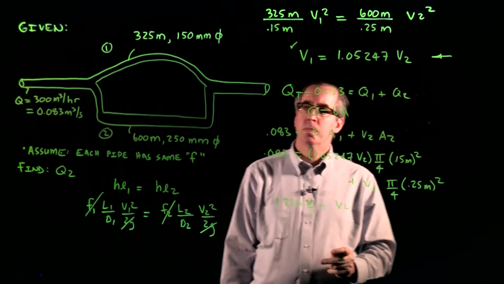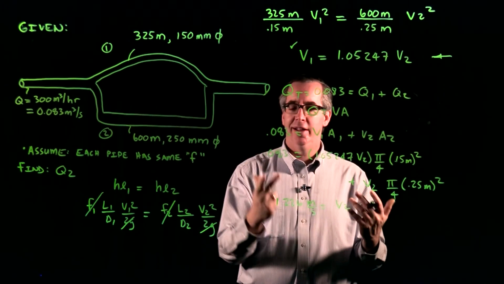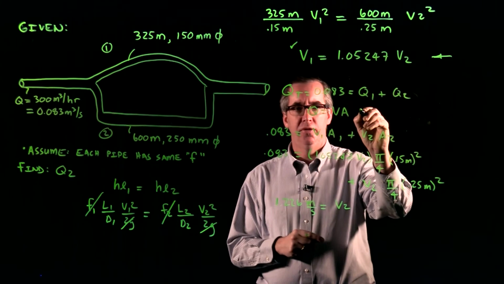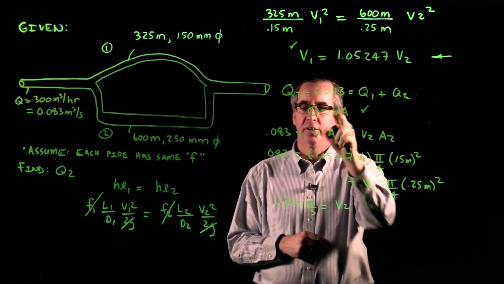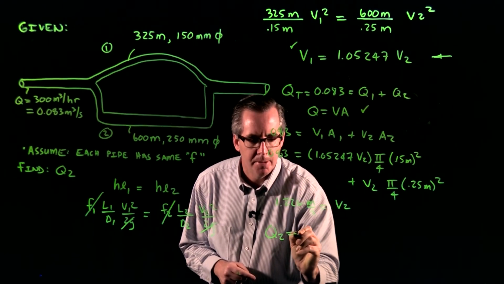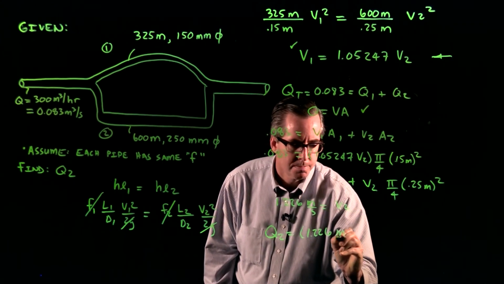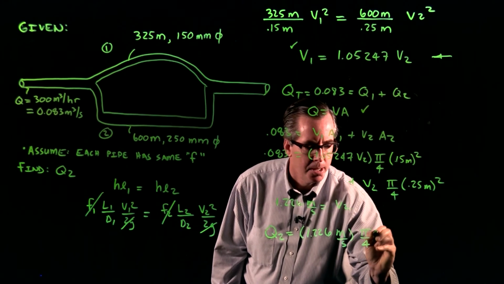Now the question is how much flow is going through the pipe. It's not a question of what the velocity is. Again, using the relationship from conservation of mass that the flow is equal to the velocity times the area, we can solve for the flow going through that pipe by taking the velocity that we just computed and multiplying it by the area of that pipe.